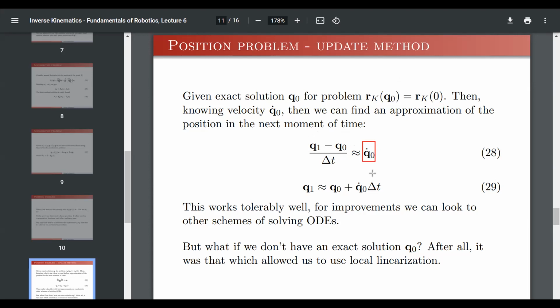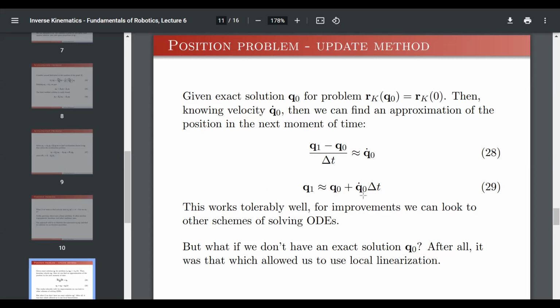So we can say from this expression here that next solution is probably approximately equal to the previous solution plus joint velocities times delta t. This is the Euler method, but it is useful to remember. How do we integrate differential equations? Well, see, it pops up everywhere, even in inverse kinematics.